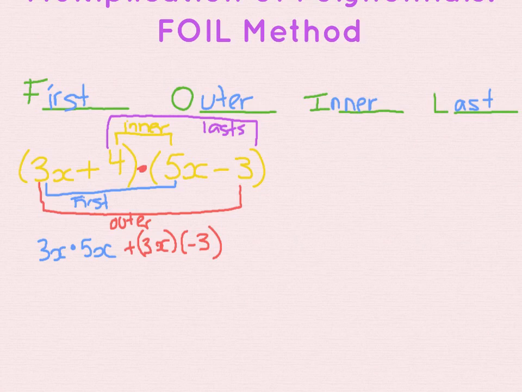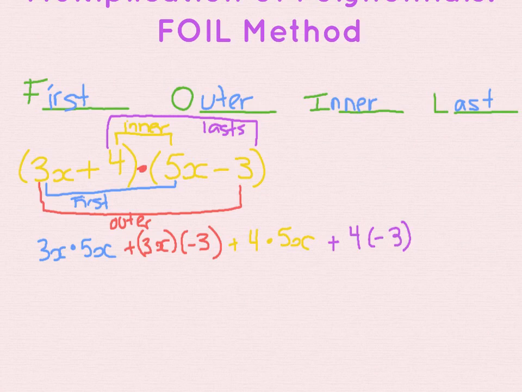then you do the inners. So in this case, inners would be 4 and 5x, so plus 4 times 5x. And lastly are our lasts. So we're going to do plus our lasts, 4 times negative 3. And so when we do this, obviously we do multiplication first, right?